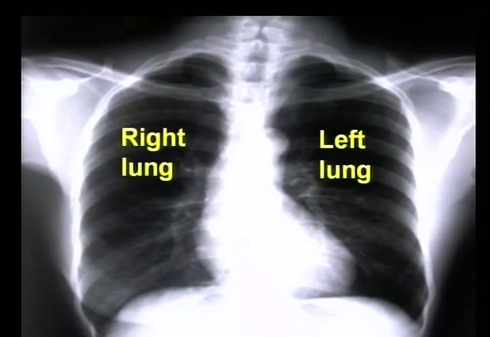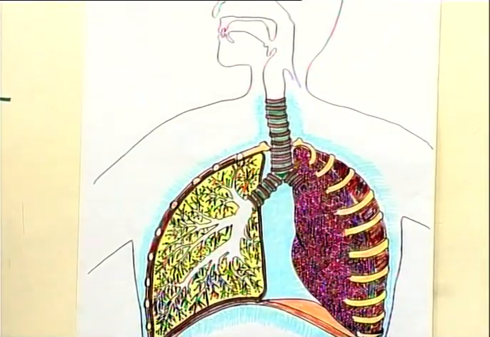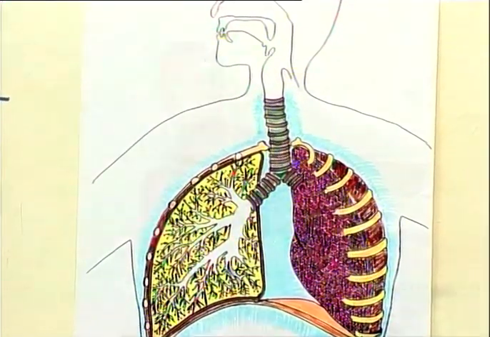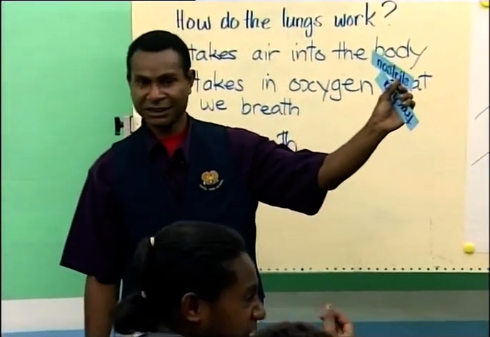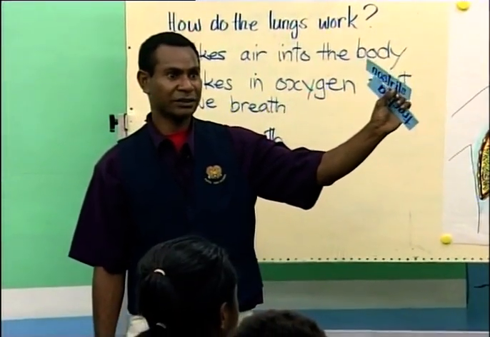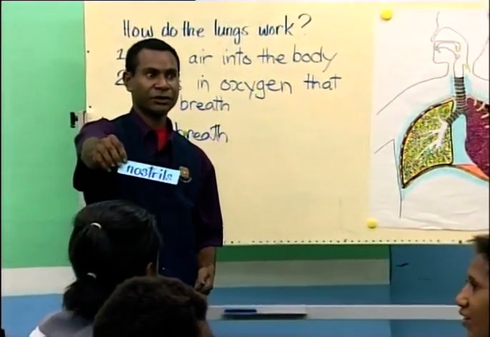Let's have a look at this diagram here that we have. Also looking at your models, you can see it on your diagram. First person, nostrils. Come up to the front, take the nostrils, and stick it where it is. Part of the lungs. Ruti.